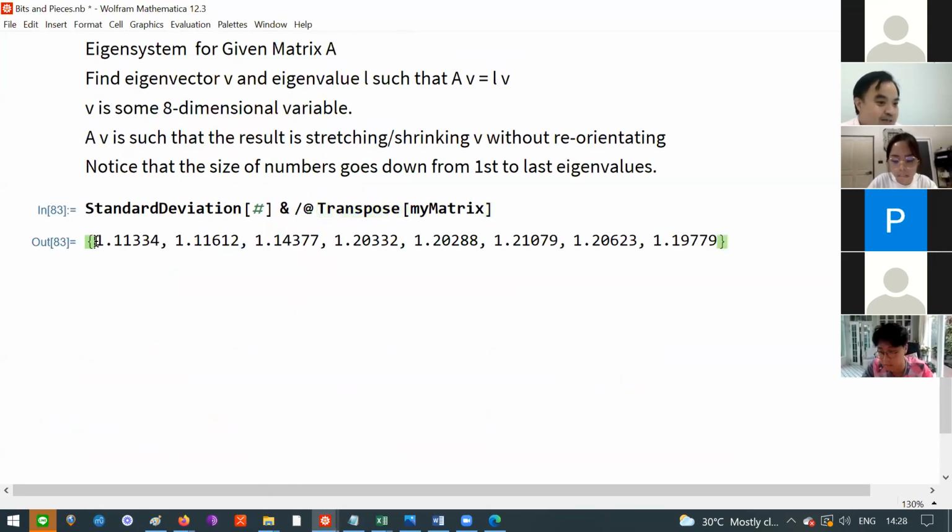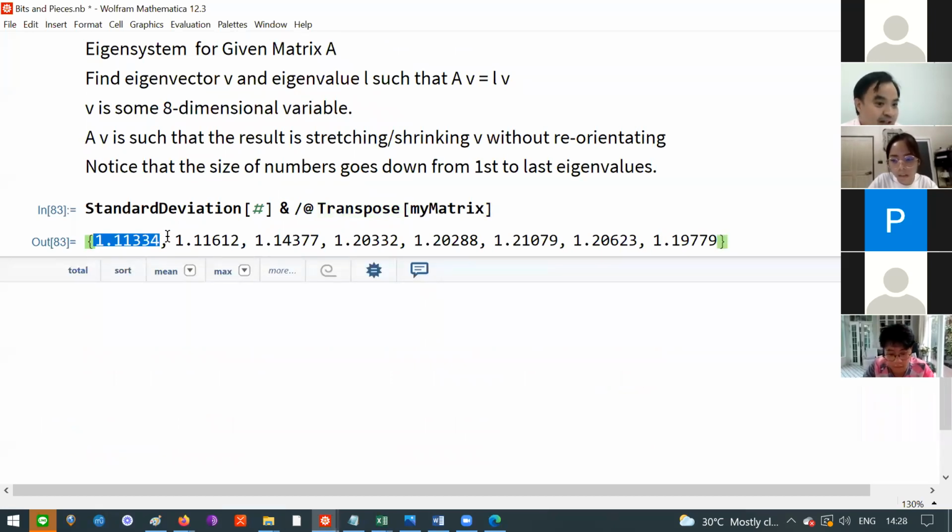So this is my standard deviation of the short-term interest rate. This is my standard deviation of the 6 month, 1 year, 2, 4, 5, 7, and 10.